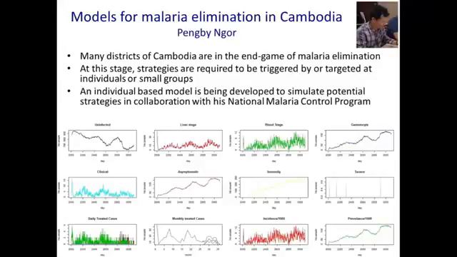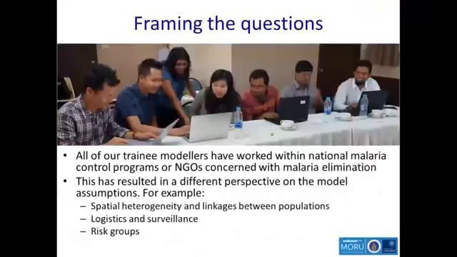How do you respond when one case arrives in a village? And I think the reason why he wanted to go straight to that most difficult problem is because in his former job he travelled around to a lot of these villages training the village malaria workers, and so he understands what the challenges are going to be at that stage, at the end game.